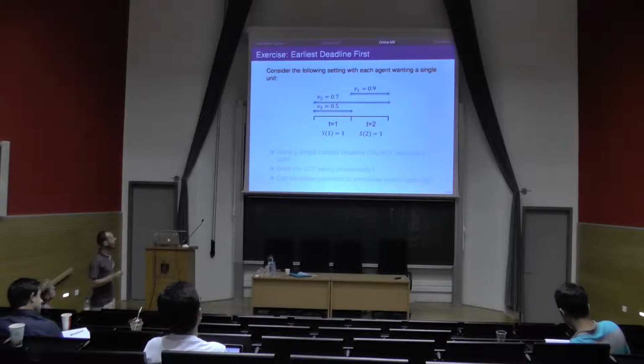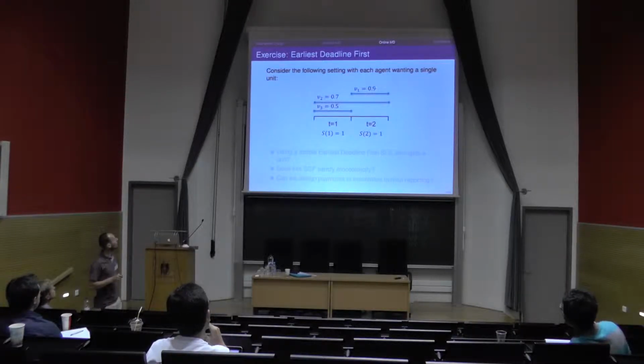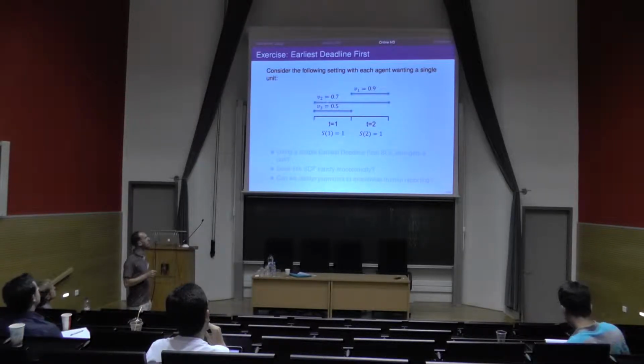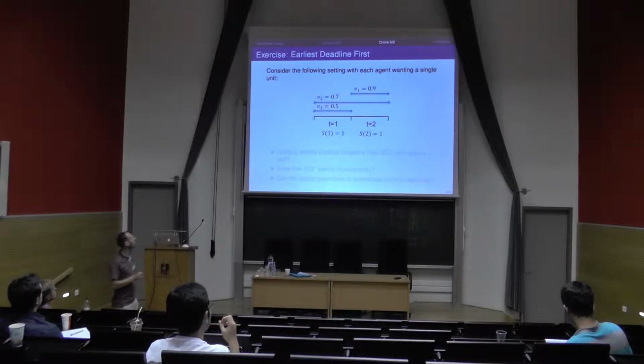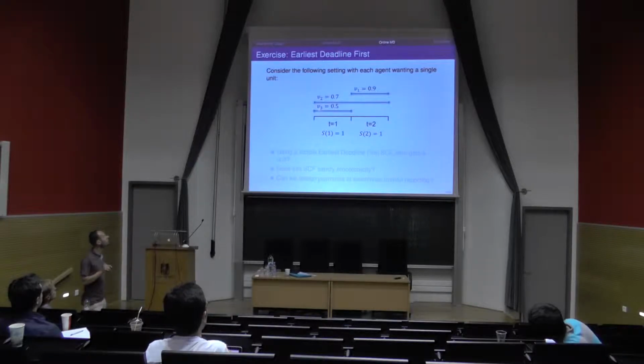Now there are these three agents in the market. This agent here only arrives later with value 0.9. This agent arrives immediately and stays for 2 time slots with value 0.7. And this agent stays for 1 time slot, the first one, and has value 0.5.